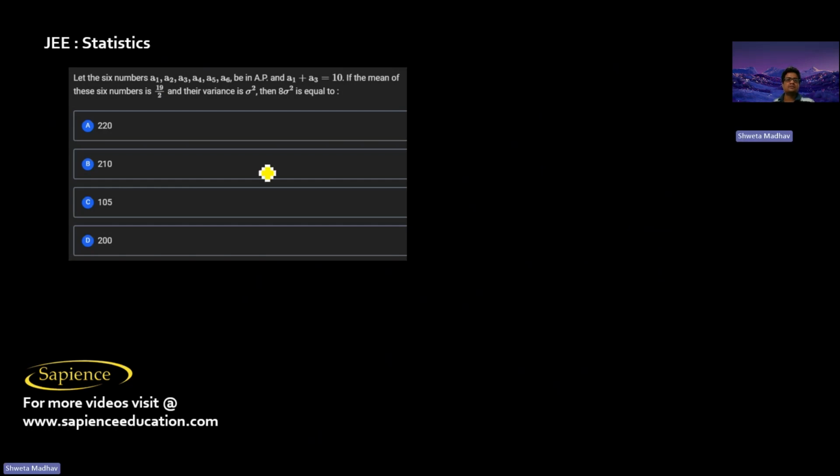And here it is told, let the 6 numbers A1, A2, A3, A4, A5, A6 be in AP, and A1 plus A3 is equal to 10.